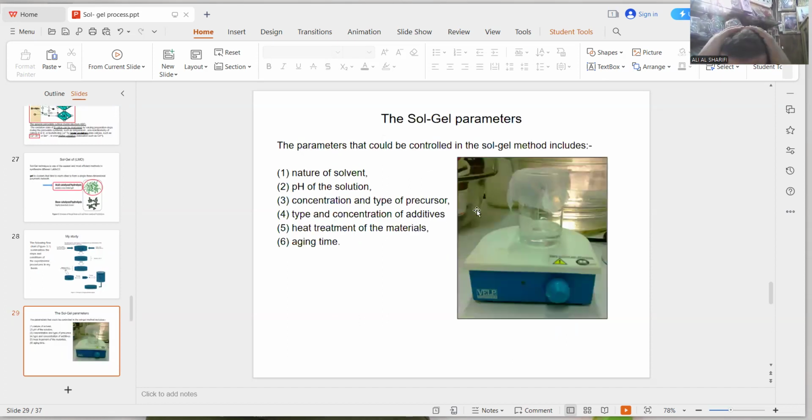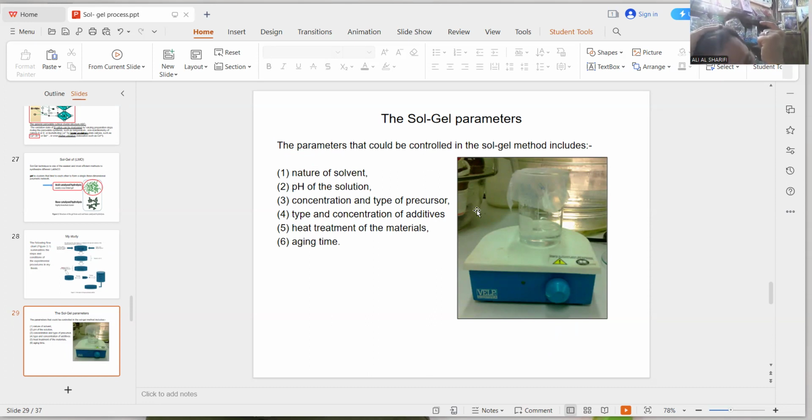Here, let's talk about the parameters that can be controlled in the sol-gel method, including the nature of the solvent, pH of the solution, and the concentration and type of the precursor, organic or inorganic.